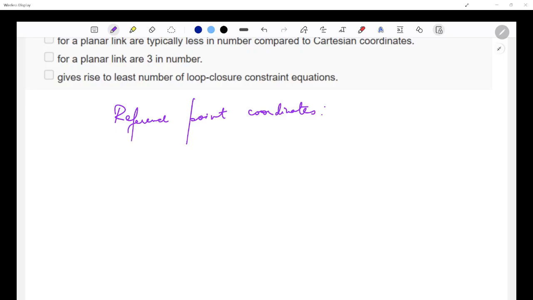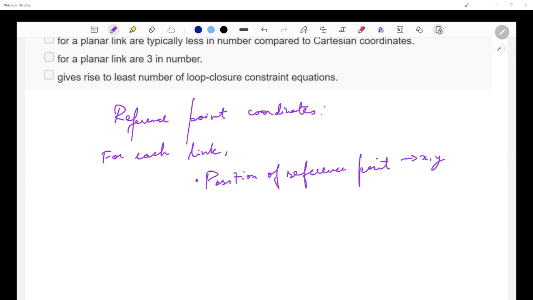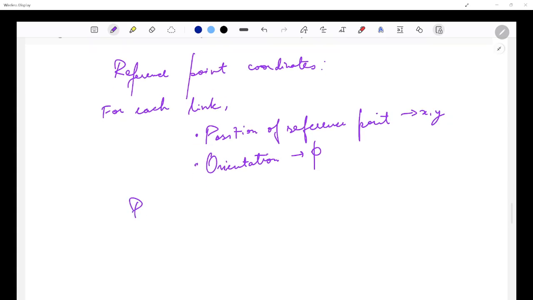Okay, so for each link, we define position of reference point, which is x comma y, and orientation, which is phi. So for a planar link, the coordinates are x, y, and phi.